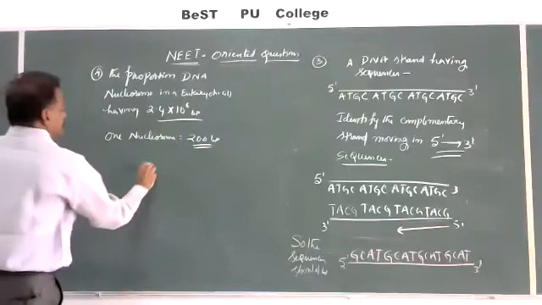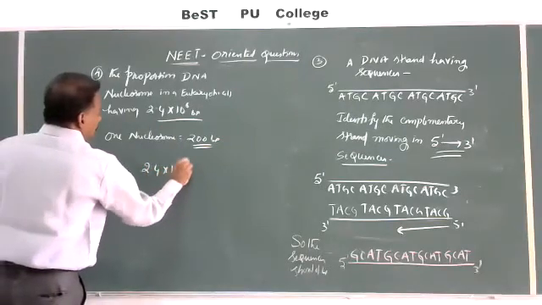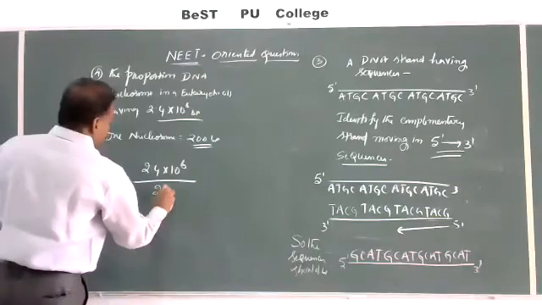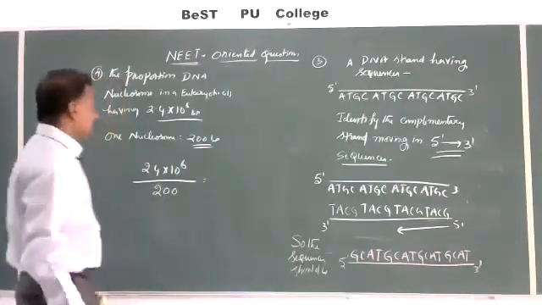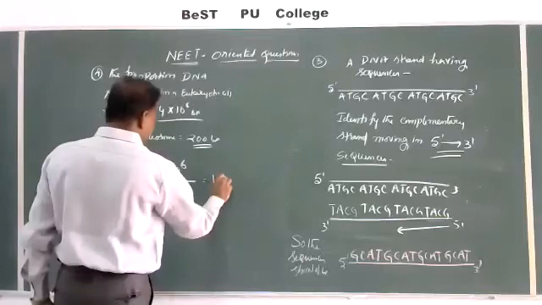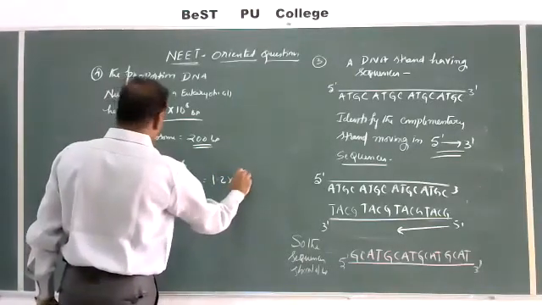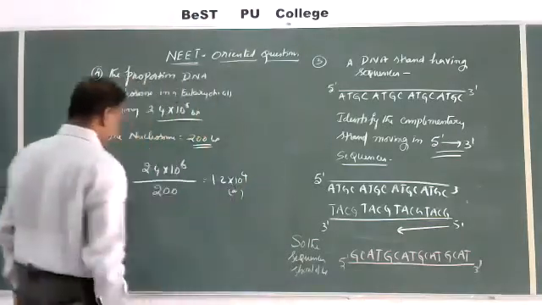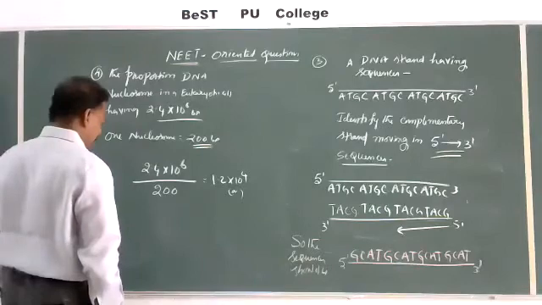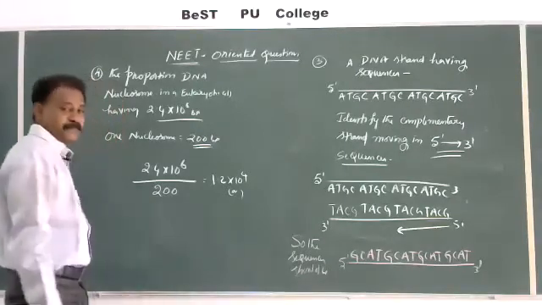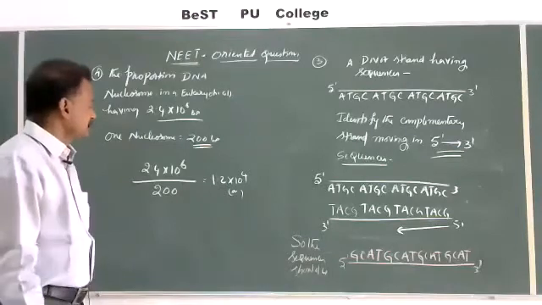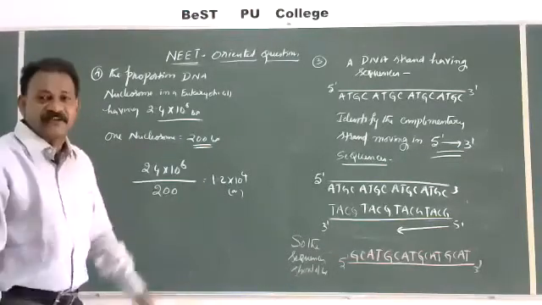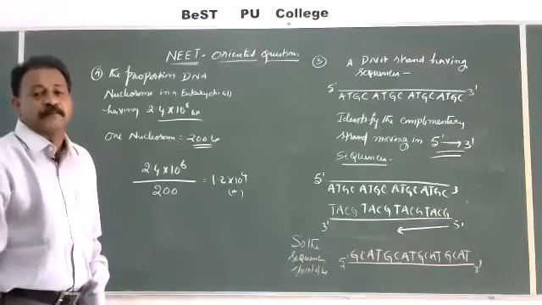So 2.4 into 10 to the power of 6 by 200 gives 1.2 into 10 to the power of 4. Options will be given.